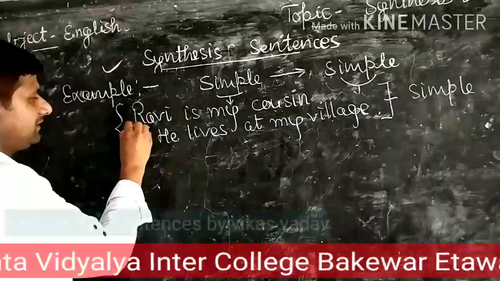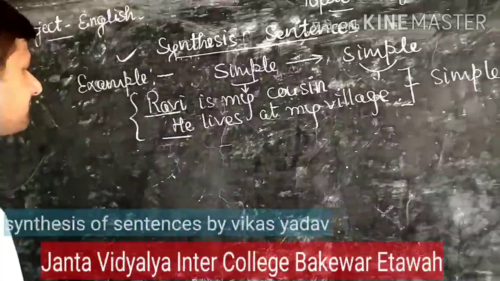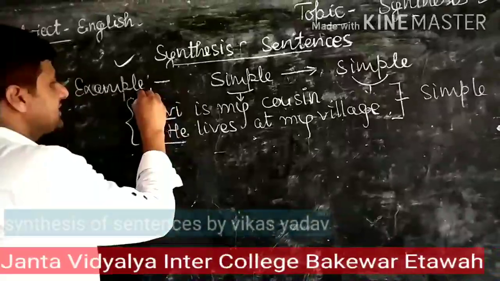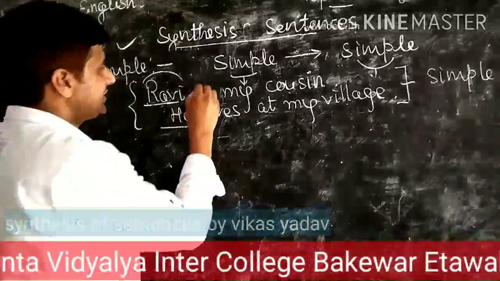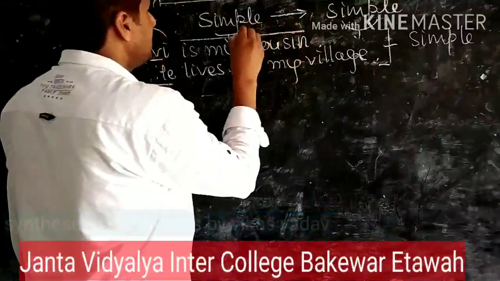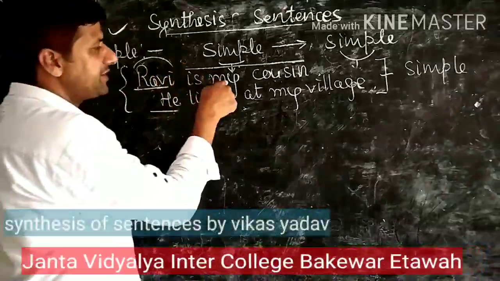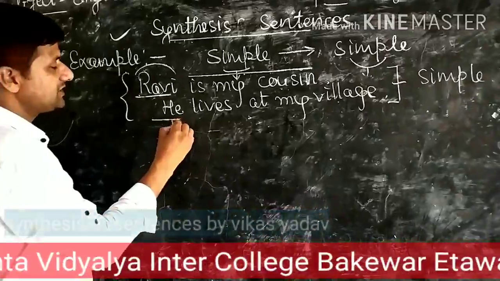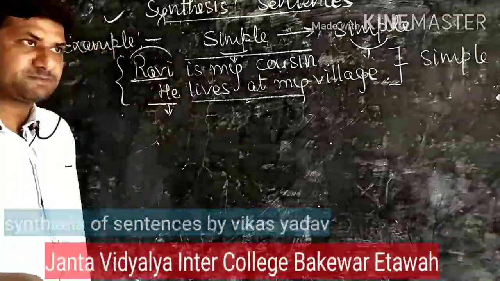Now let's analyze. Are these sentences simple or not? This one sentence has only one subject and predicate. Ravi is the subject of this sentence, and is my cousin is the predicate. This sentence has only one subject and one predicate, so this sentence is simple. The other sentence also has only one subject and one predicate, so this sentence is also simple.